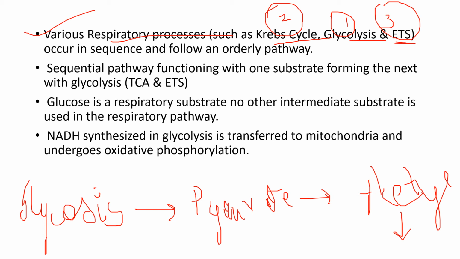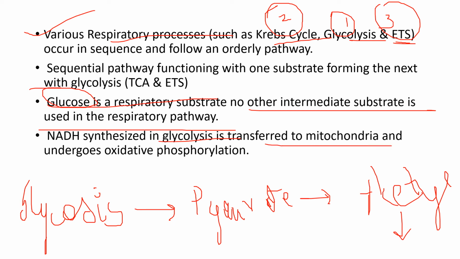So the sequential pathway functions with one substrate forming the next, starting with the glycolysis cycle. In this, glucose is the respiratory substrate, and no intermediate substrate is used in the respiratory pathway. NADH is synthesized in glycolysis, and it is transferred to the mitochondria and undergoes oxidative phosphorylation.